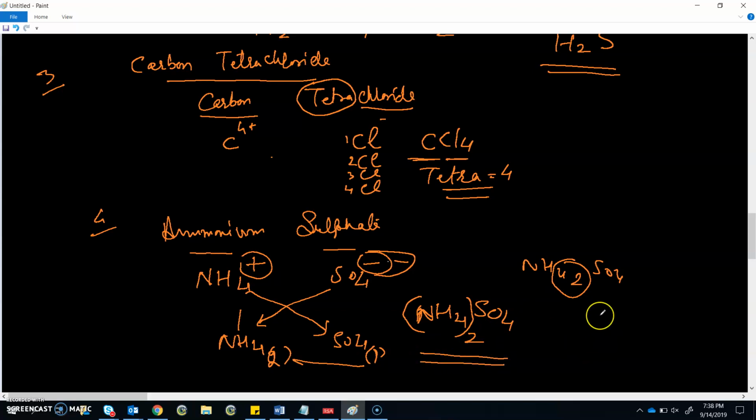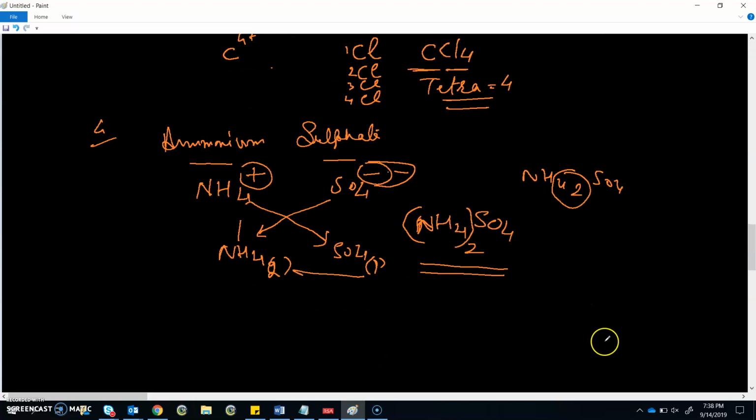Or the other method you can apply: NH4 and SO4, this is minus 2, so these are 2, so write one more ammonium, so again (NH4)2SO4.